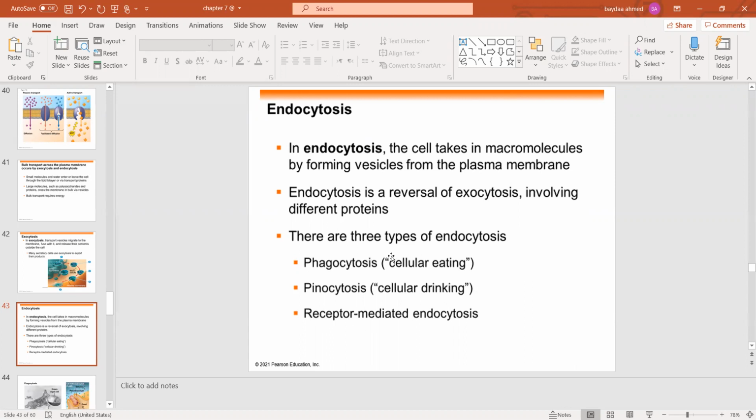There are three types of endocytosis. We have phagocytosis, cellular eating, pinocytosis, cellular drinking, and we have receptor-mediated endocytosis.